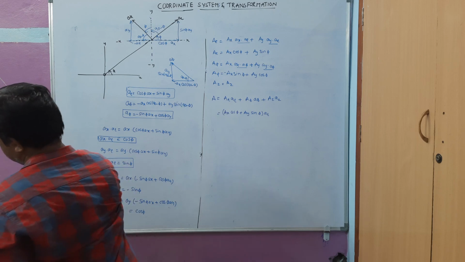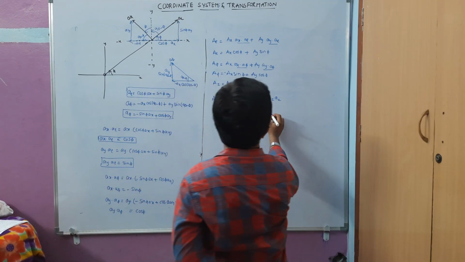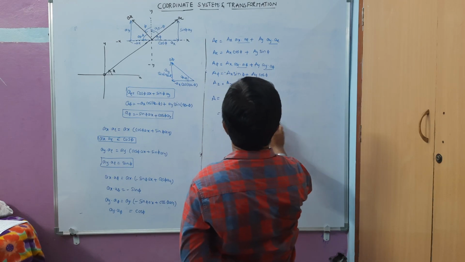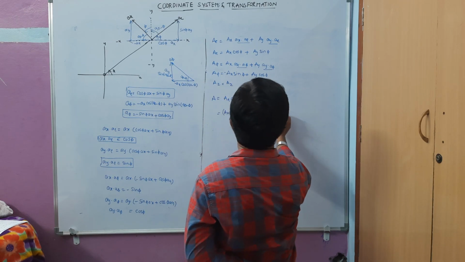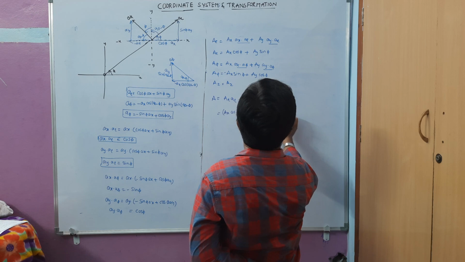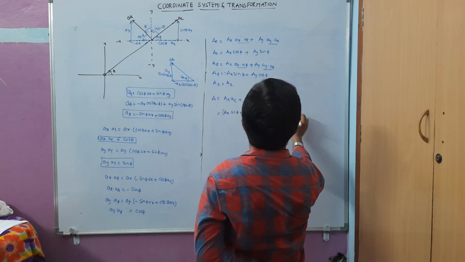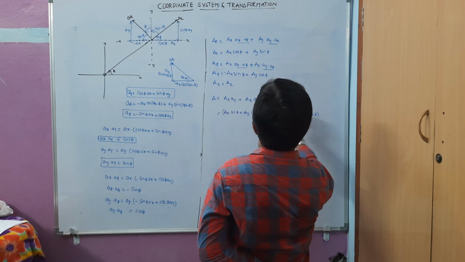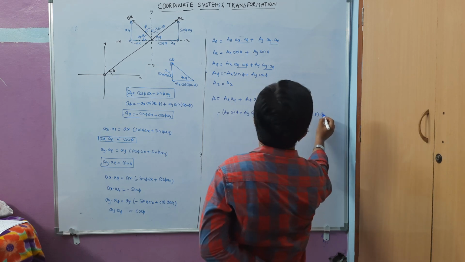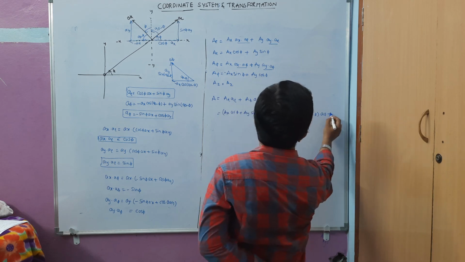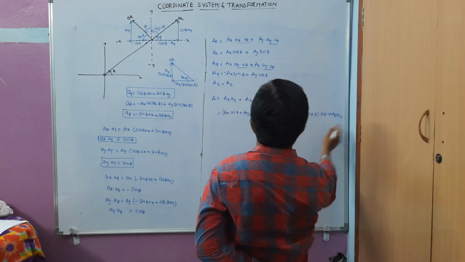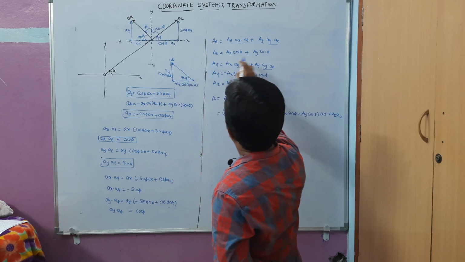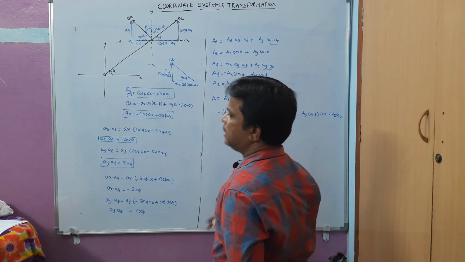Right? Plus next, what I have got, a_phi is minus ax sin phi plus ay cos phi into a_phi plus az into a_z.